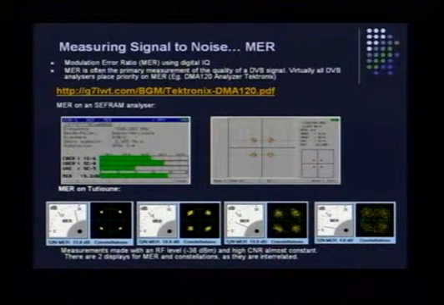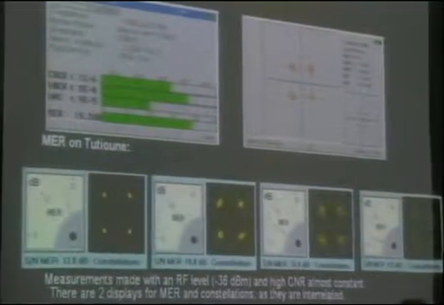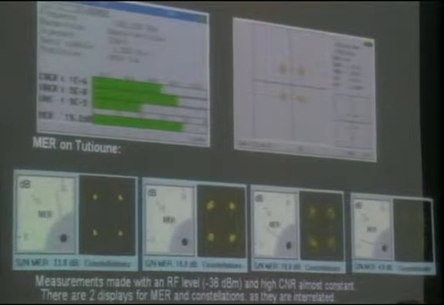The MER. M-E-R. Modulation error ratio. It's the primary measurement, yes, of the quality.